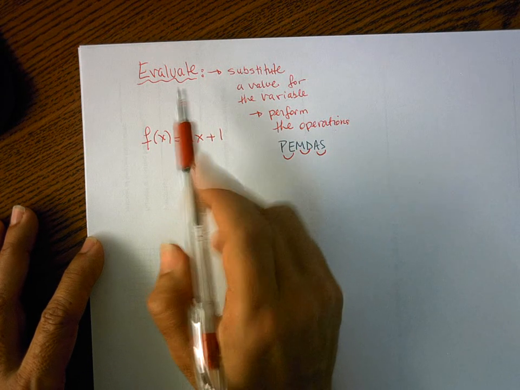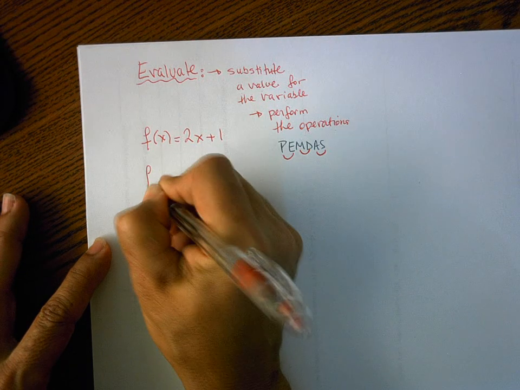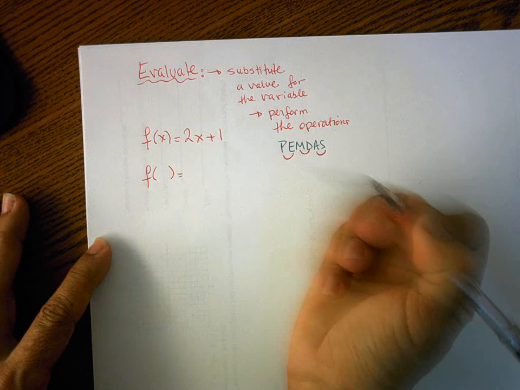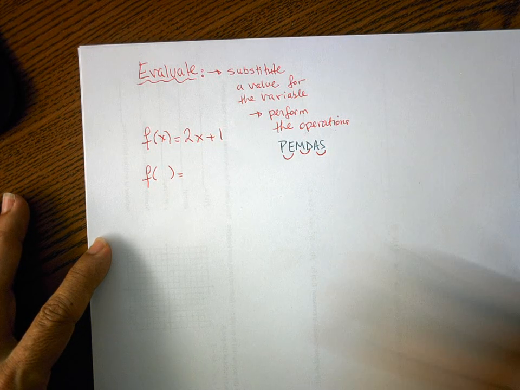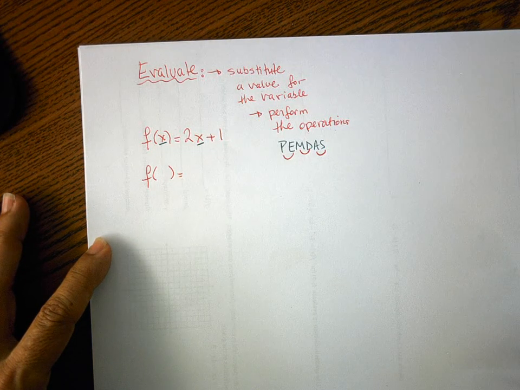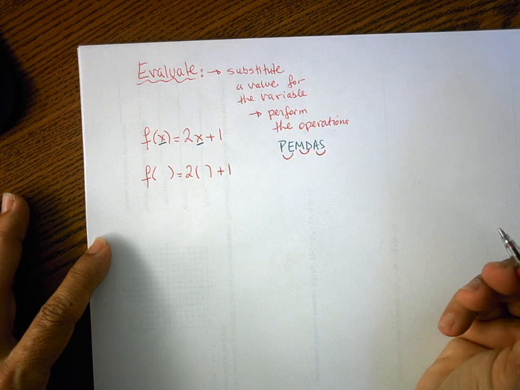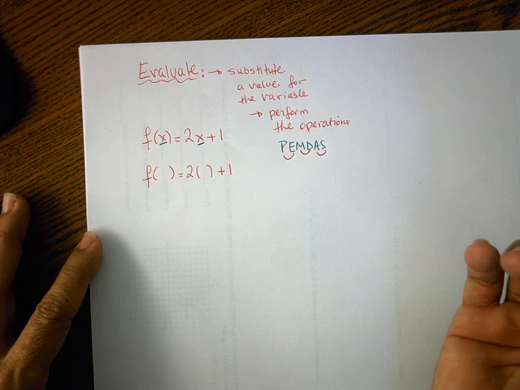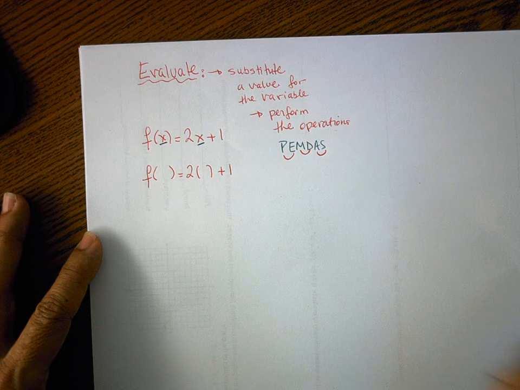So what does evaluate mean when I plug in a number? So let's go ahead and try, let's pick something simple. Let's go ahead and write the function, but let's leave it empty. Okay, I like to say that. Let's empty it out of the x value, of the variable. It's 2 times something plus 1. Whatever you want to give me, any number you want to plug in here, it's evaluating the function. Okay, so let's say I want to plug in a 1.